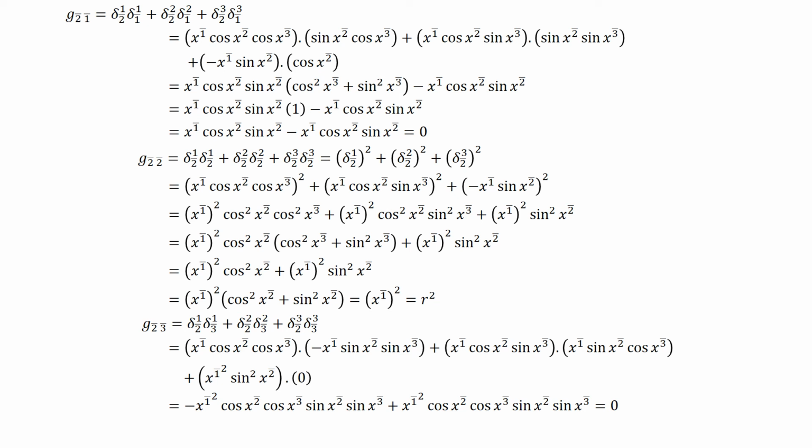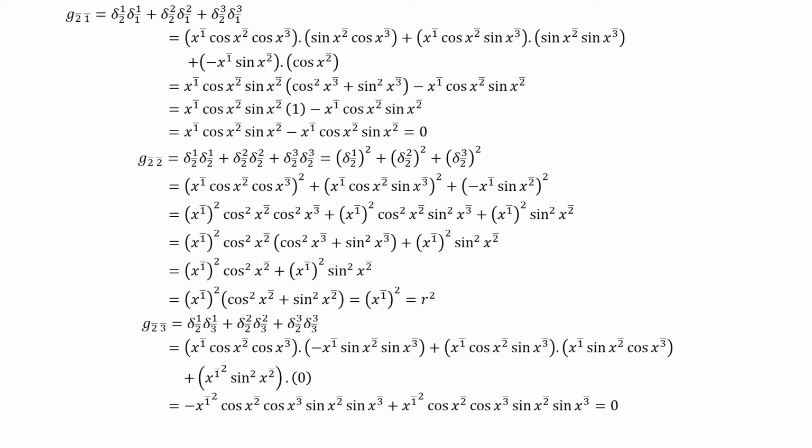So scaling and applying the trigonometric results, we got x1 bar square cos square x2 bar plus x1 bar. So at last after simplification we got x1 bar square, which in previous coordinates can be written as r square.